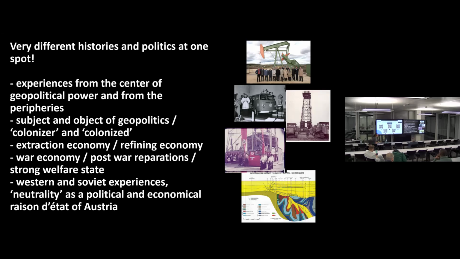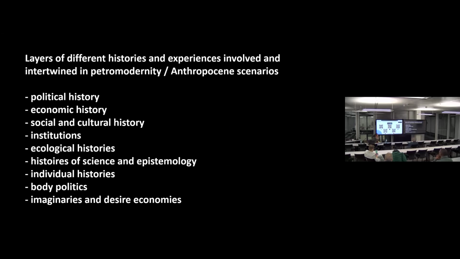So it's really something like, I would say, a very prominent showcase of how to connect political, cultural, and geological histories here. And among the layers that are intertwined into this particular petromodernity and Anthropocene is, of course, political history and economic history, also the building up of quite big scientific and political institutions.